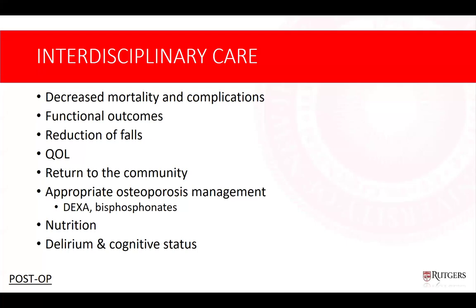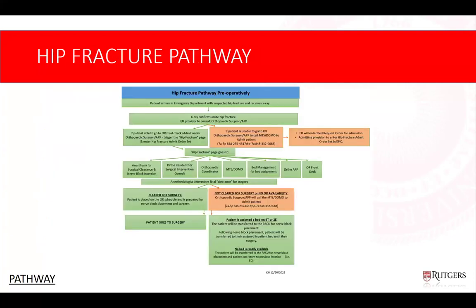It has been shown in many studies to decrease mortality, improve functional outcomes, reduce falls, improve quality of life, return patients to the community, and ensure patients are on appropriate management for osteoporosis and nutrition.